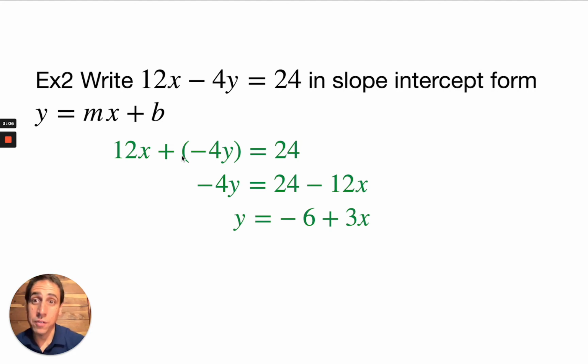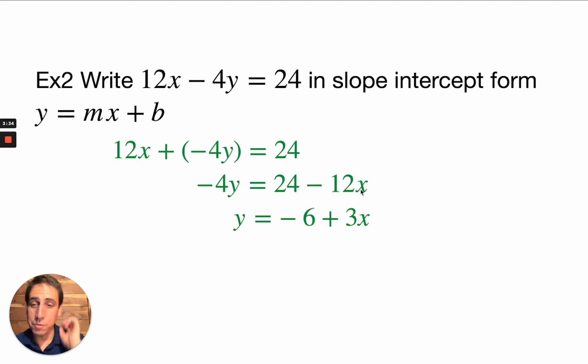If you're going to change the subtraction to addition, you need to make the second term negative. So this becomes 12x plus negative 4y is equal to 24. And now when you subtract 12x, you get negative 4y is equal to 24 minus 12x.